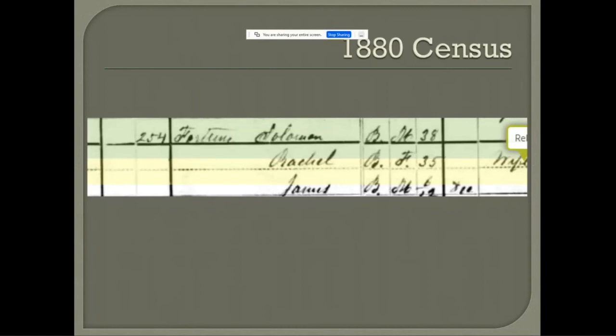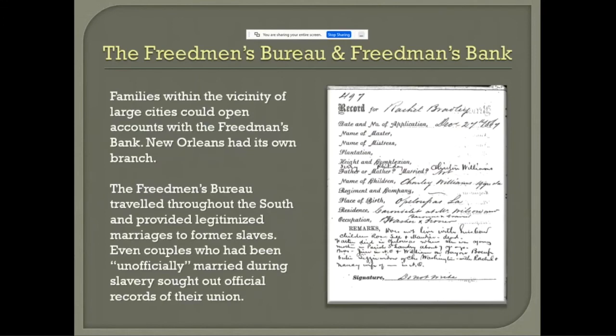So if you can find a WPA slave narrative, those are gold. Not everyone has one. The Freedmen's Bureau, 1863, after the Emancipation Proclamation, as slaves are moving across the Union lines to freedom, there's suddenly millions of people who cannot take care of themselves, have no income, have no land, have no way to make money.